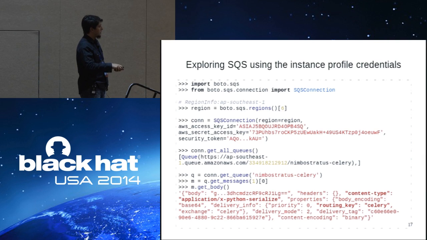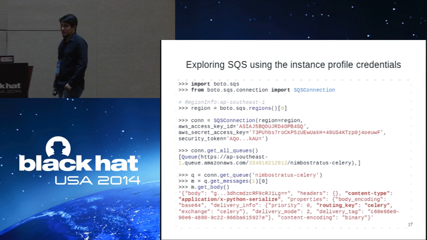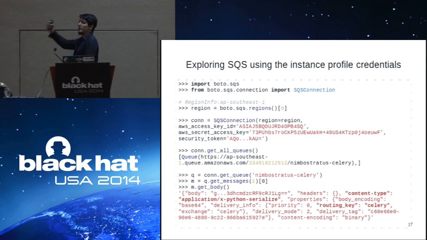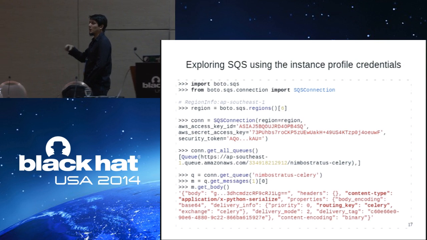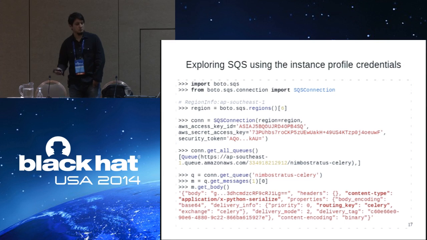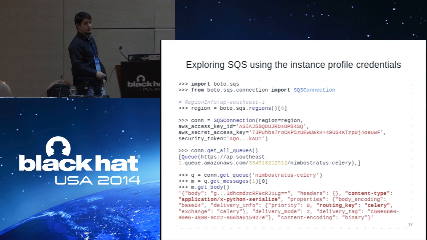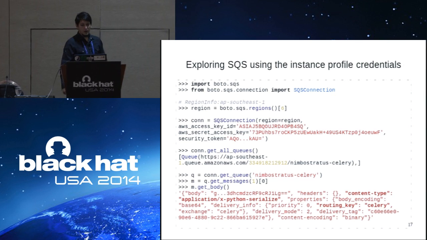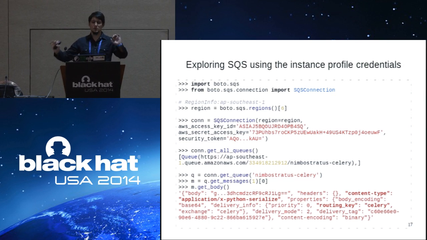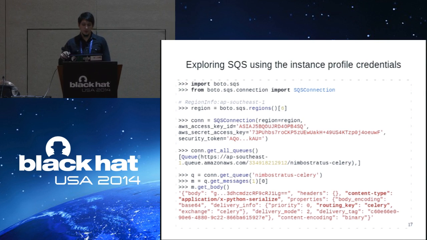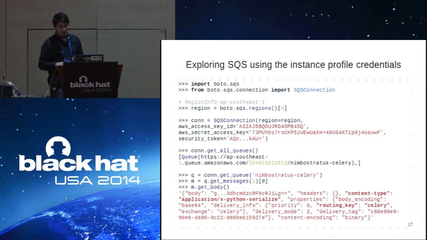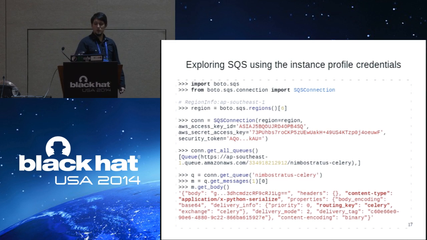So I found a queue there called Nimbostratus Celery. Then I said, give me one of the messages that someone stored in that queue. I get one of the messages, I inspect the body, and I find 2 interesting things. First, content type, application X Python serialize. And the second interesting thing was routing key Celery.